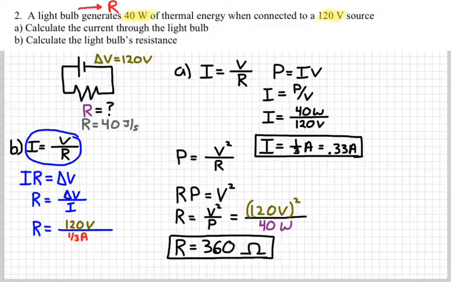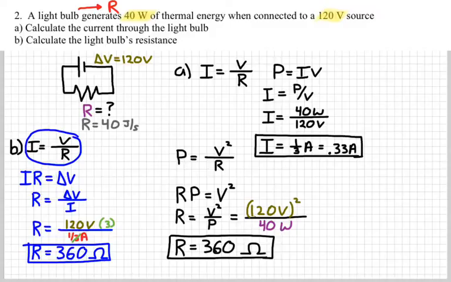What might be a more useful way to write that, just for the arithmetic's sake, instead of writing divided by 1/3, let's just move the 3 up to the top, like that. And 120 times 3 would be something like 360. And so we get the same thing either way.